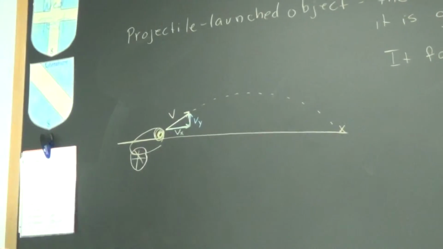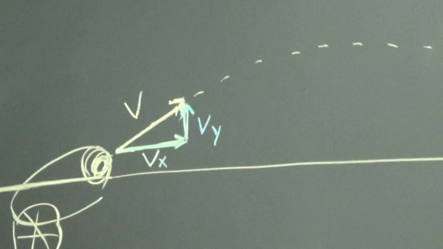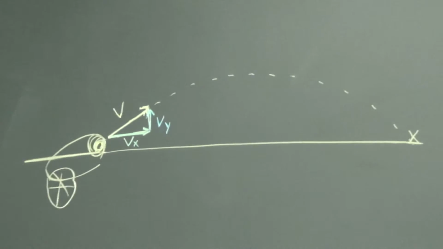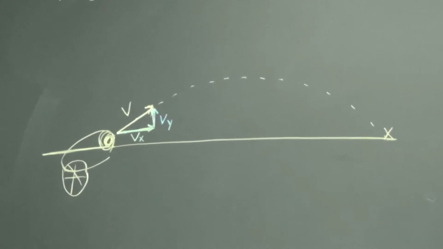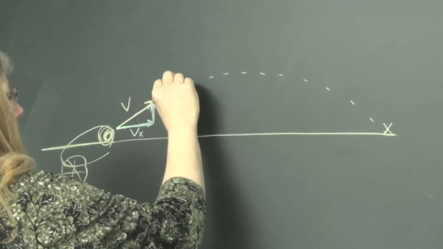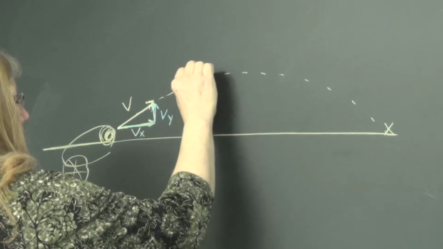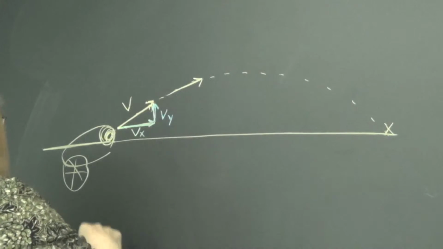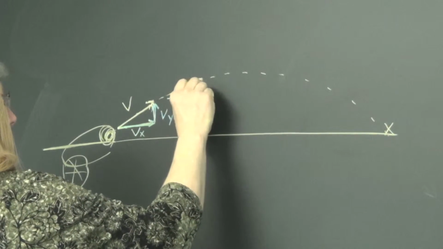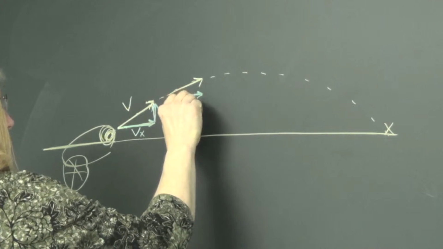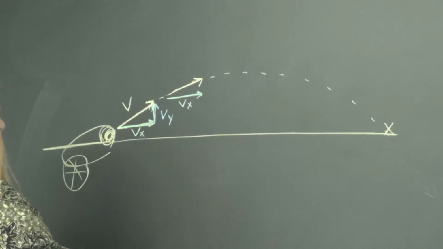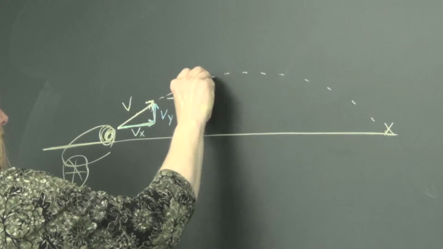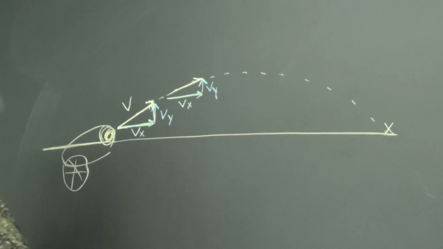So I want you to go across to all of the vectors that are like that and put in V sub x on the horizontal part. It's going to take me a little longer than you because yours are drawn in there. V sub x on all the horizontal parts, V sub y on all of the vertical parts.